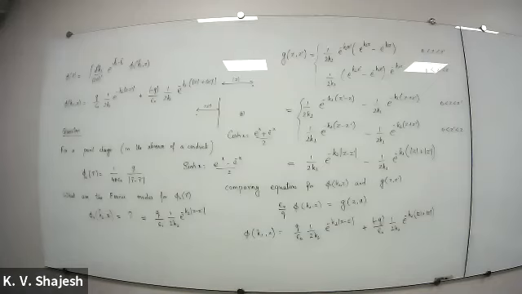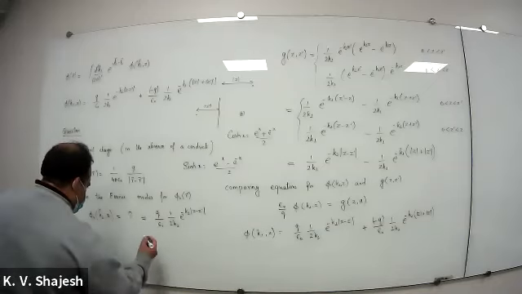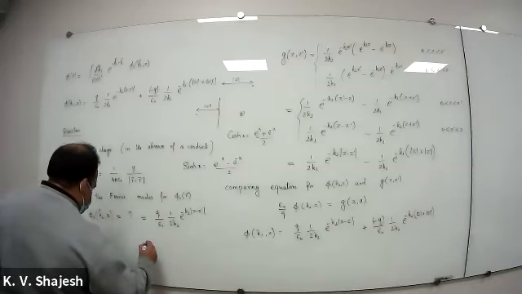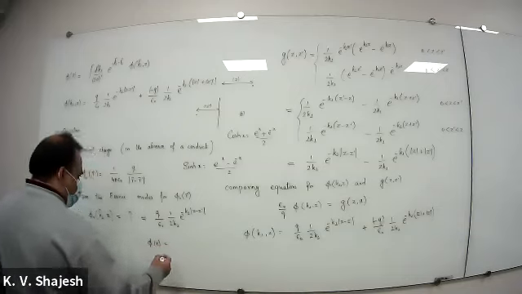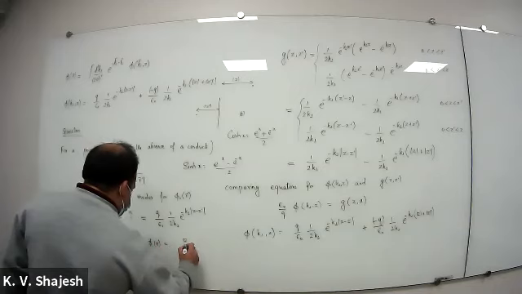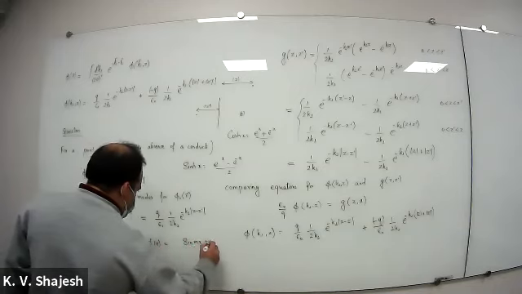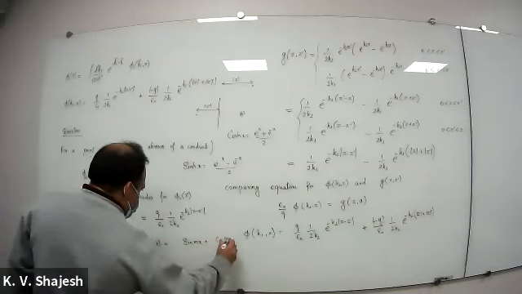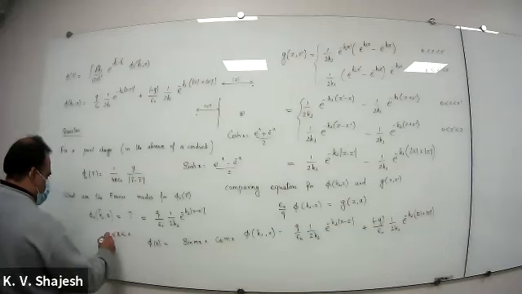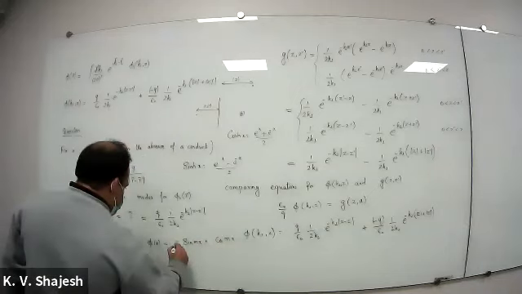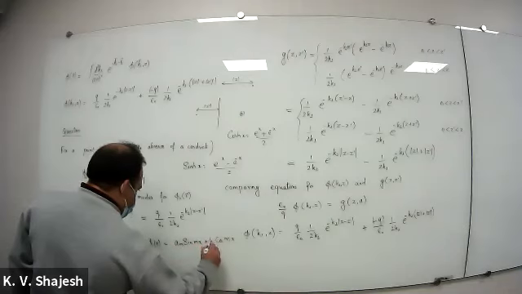Like if I want to write phi of x, and I write this in terms of sines and cosines, like sine mx plus cosine mx, and if x has a fixed domain, then the coefficients will be a_m and b_m.